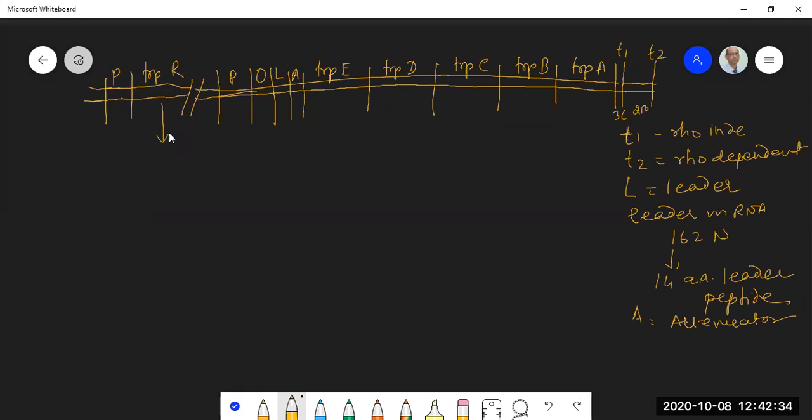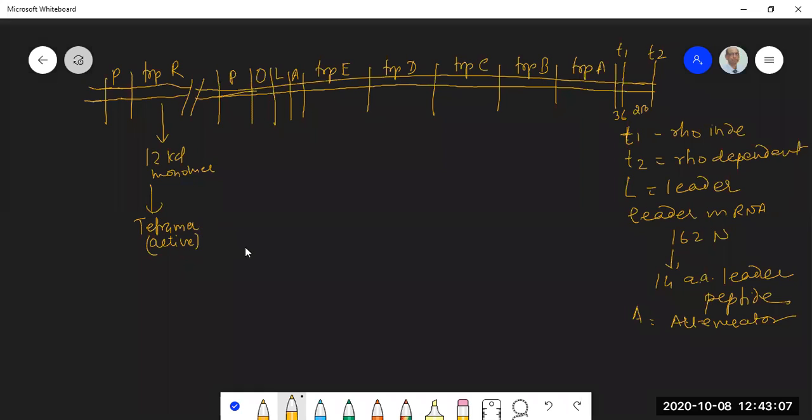TRPR codes for a repressor protein, which is typically a 12 kilodalton monomer, and the active form is a tetramer of identical subunits. So TRPR will code for a 12 kilodalton polypeptide, and 4 of them will assemble to give you an active repressor protein.